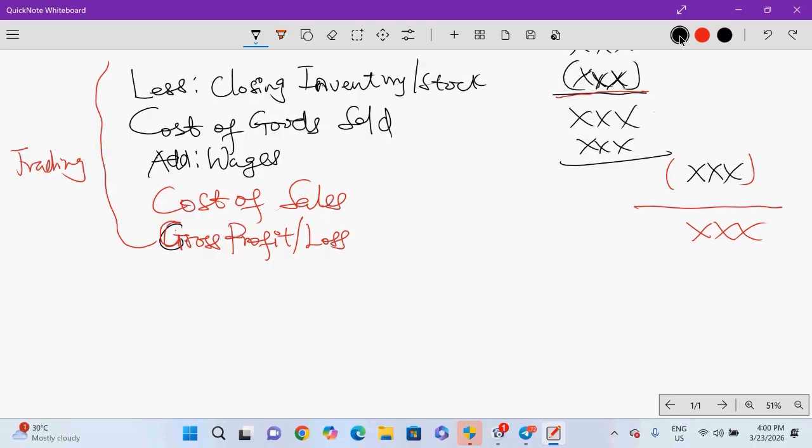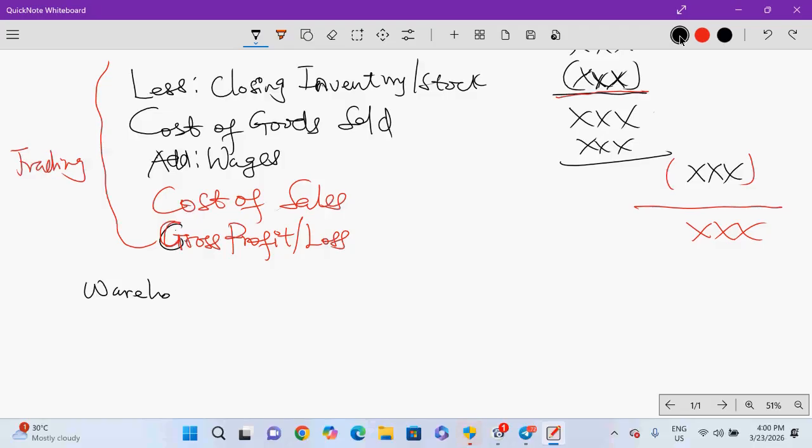As you are saying, anything that is a direct expense comes here, but once it's a normal or indirect expense, it will go to the operating expense. But I've never seen anything like warehouse expense for the past years.